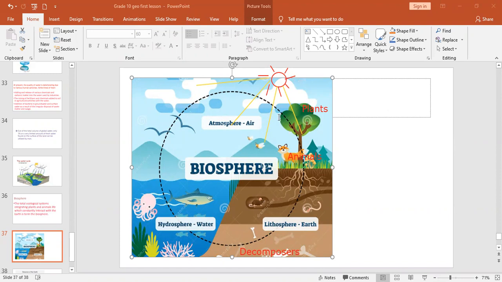Living components here I use red color, non-living components pink color. Solar energy, soil, water, climate.